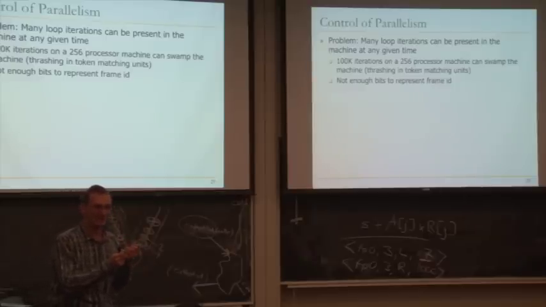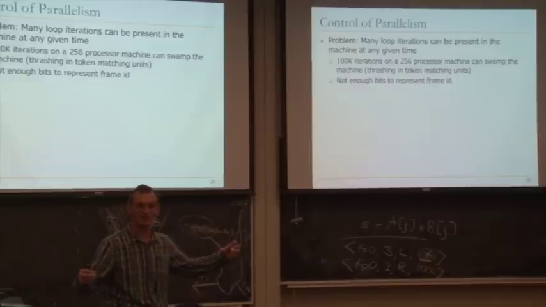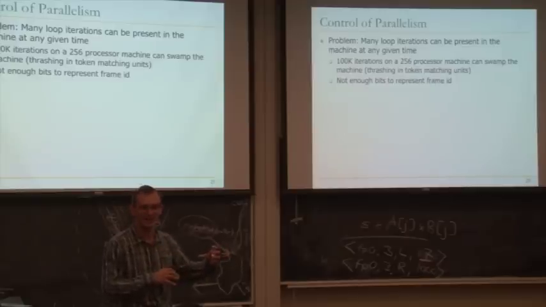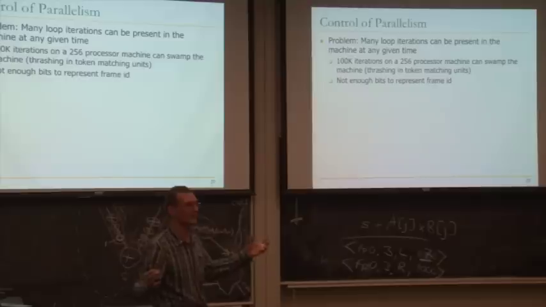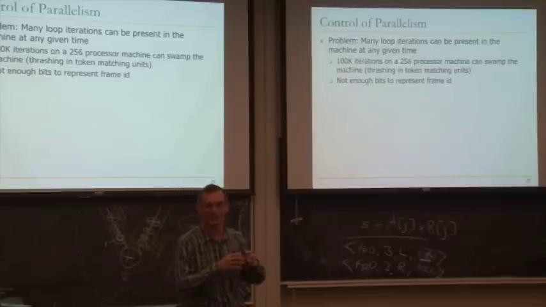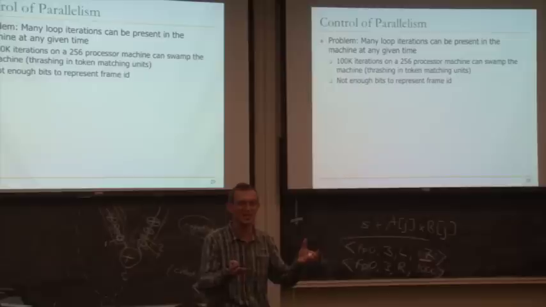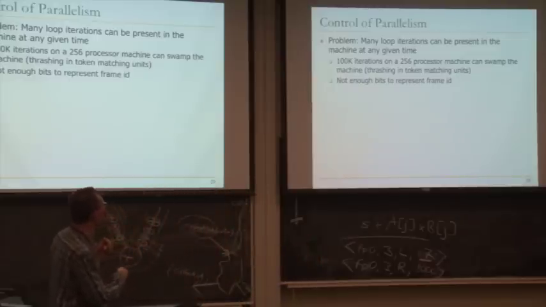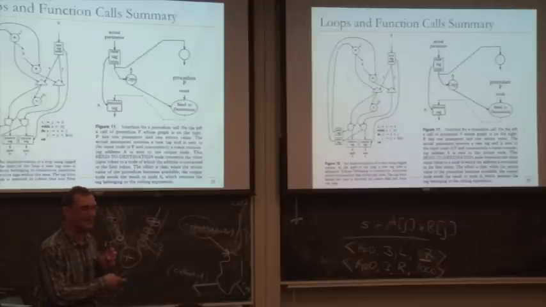Whereas here, which instructions you are able to execute, or which instructions are actually in the machine currently, are determined by which data has become available. And that has really nothing to do with control flow. It's based on data availability. Your data may be available because it's in your caches, right? And it may turn out that you have lots of instructions from many different iterations, and none of them are complete.